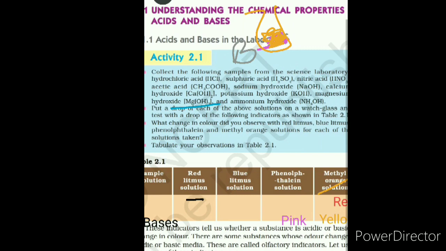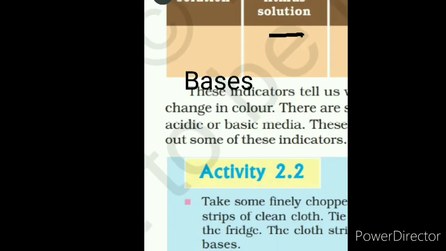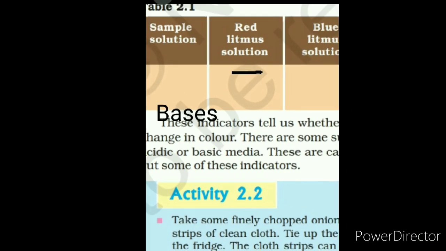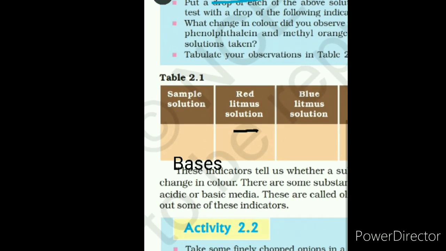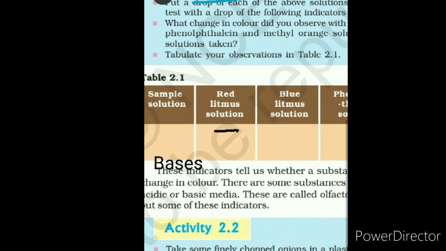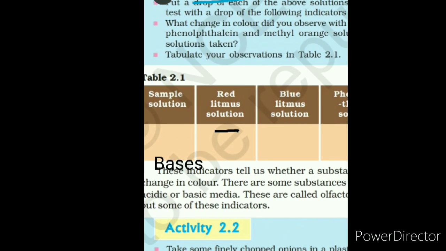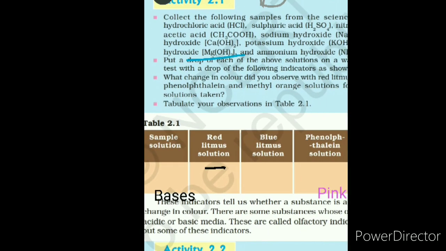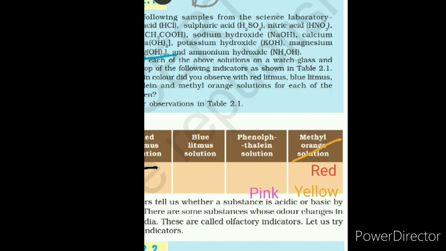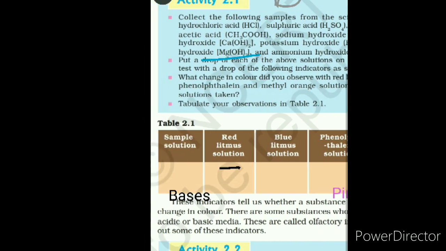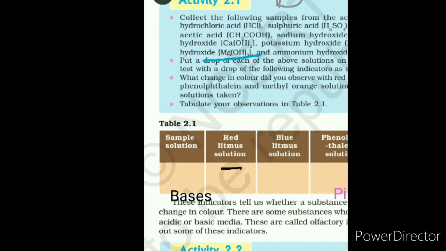So dear students, apart from this, another activity is given. You have to take some onions and chop them finely. After that, you have to pack them in a plastic bag along with a strip of clean cloth, and wrap it.